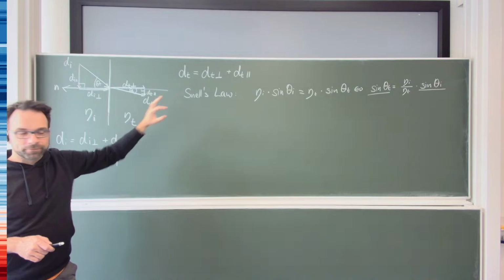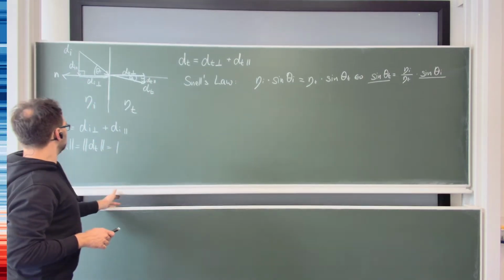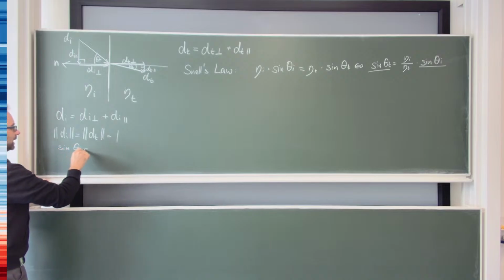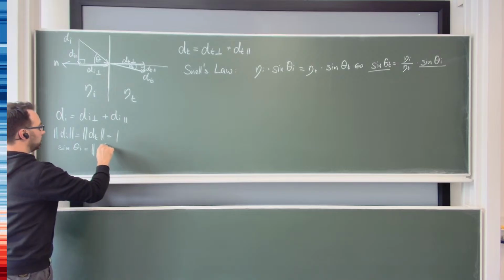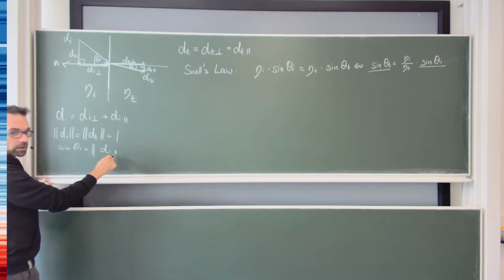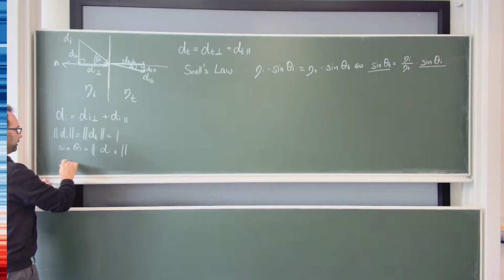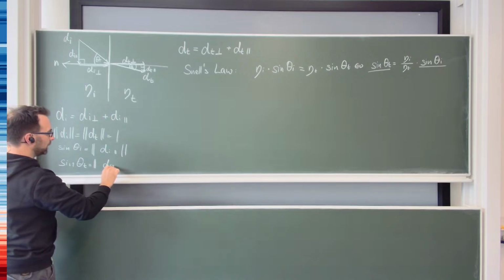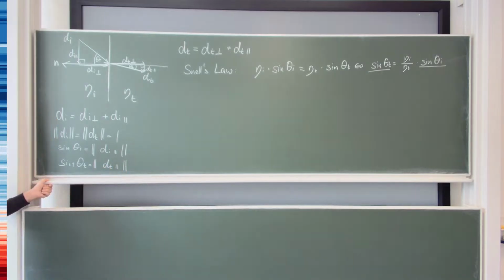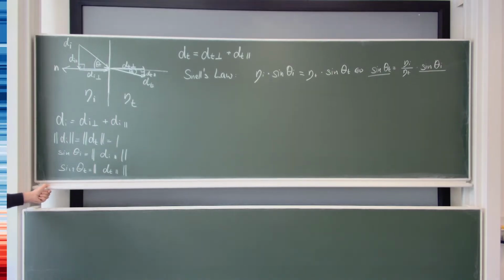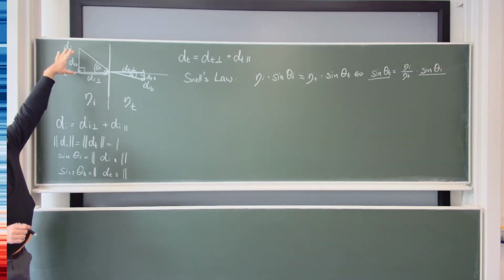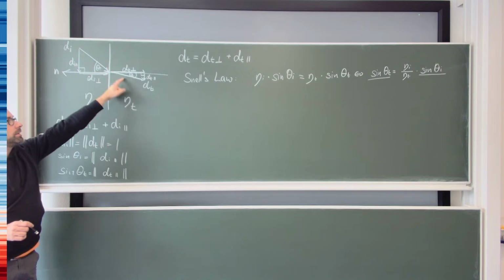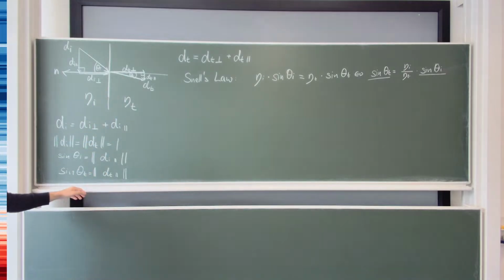Right? So this leaves us with sine of theta i is the length of di, the parallel component, and the sine of theta t is the length of the parallel component of dt. It's just the length of the side of the triangle that is opposite to the angle if this side is 1 and this side is 1. Okay?